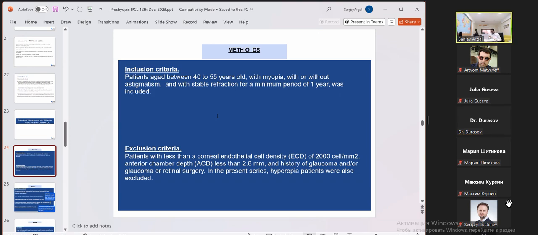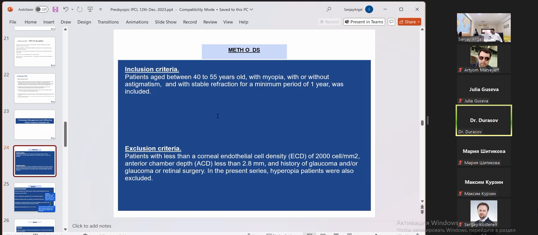And the exclusion criteria are very similar to normal IPCL patients. So mainly the patient must have the ECD more than 2000 cells per square millimeter. And the anterior chamber depth internal must be more than 2.8 millimeter.